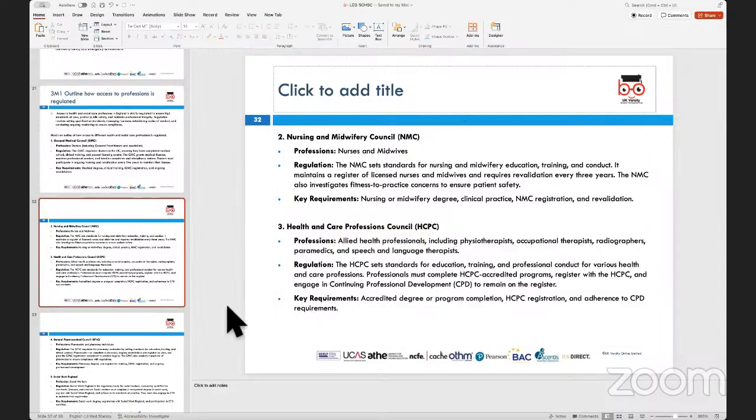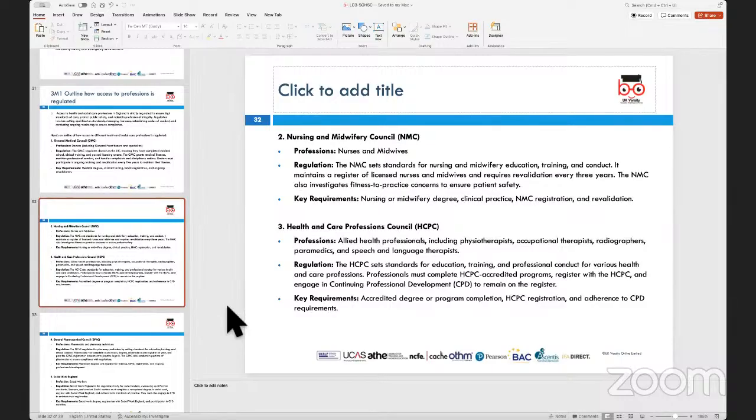Here, their role is also to maintain the code of conduct, to maintain compliance, and to ensure that the procedures and policies implemented by healthcare professionals are safe for members of the public.